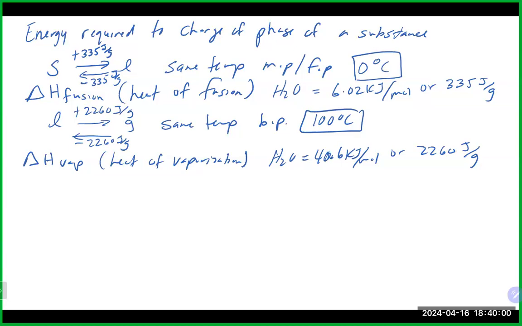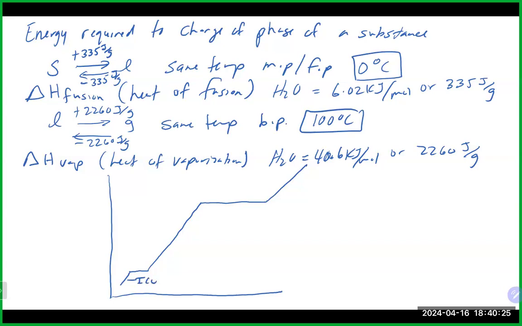So how does this relate to specific heat that we've been talking about? Let's say, for example, we look at a heating cooling curve here. Down here is ice, which obviously would be our solid state. Let's say that this is liquid water through this line coming up.